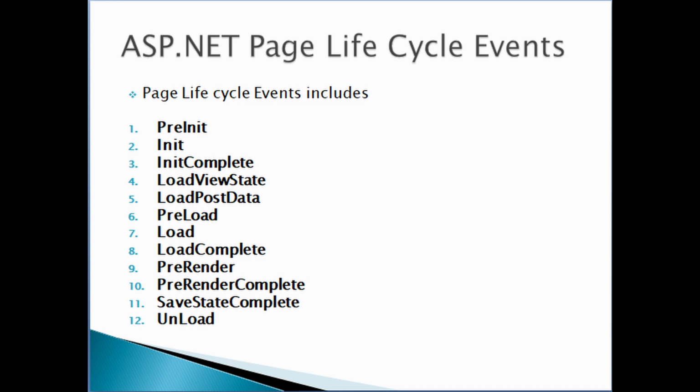Pre-render. What is pre-render? The pre-render event occurs just before the output is rendered. Pre-render complete. What is pre-render complete? As the pre-render event is recursively fired for all child controls, this event ensures the completion of the pre-rendering phase.